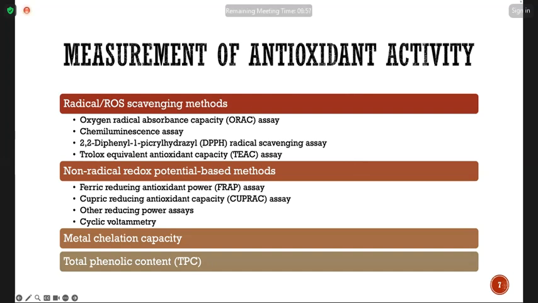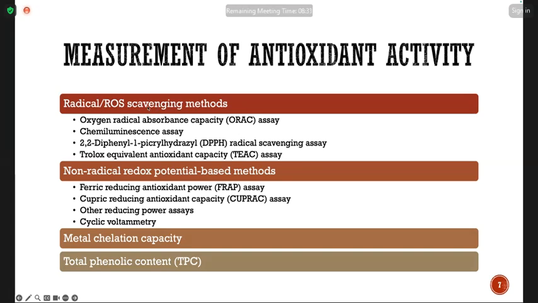It's okay. So, first, a radical scavenging method. If you focus on the ROS, you want to scavenge. Scavenging is to capture, radicals, free radicals, you want to capture. So if you want to capture, you can use the oxygen radical absorbance capacity assay. If you want to focus on the ROS, there are 4 methods available.